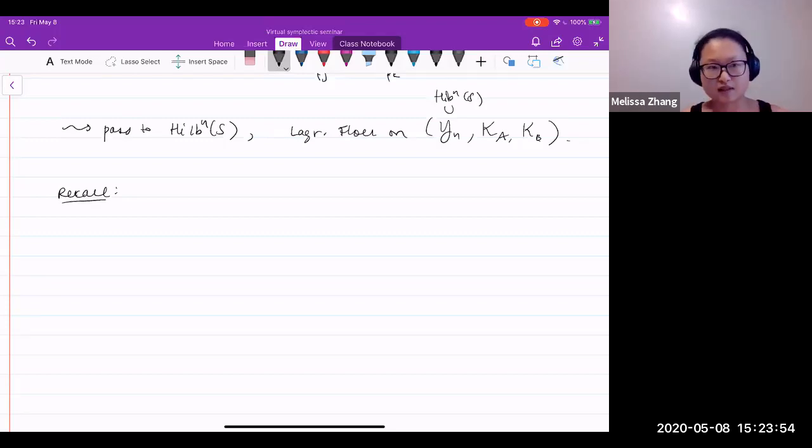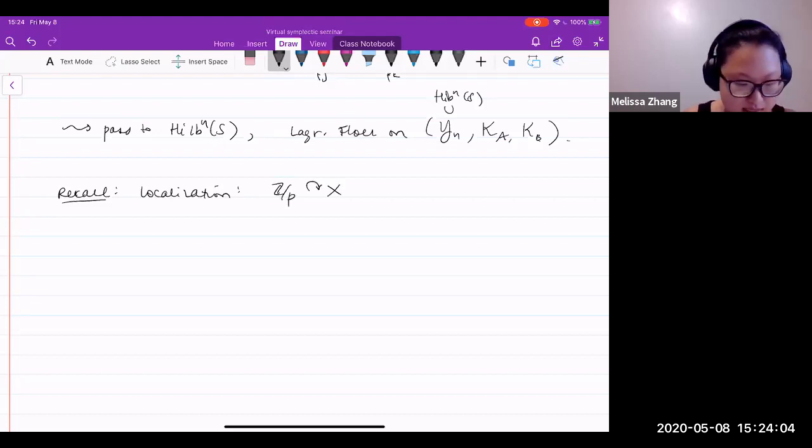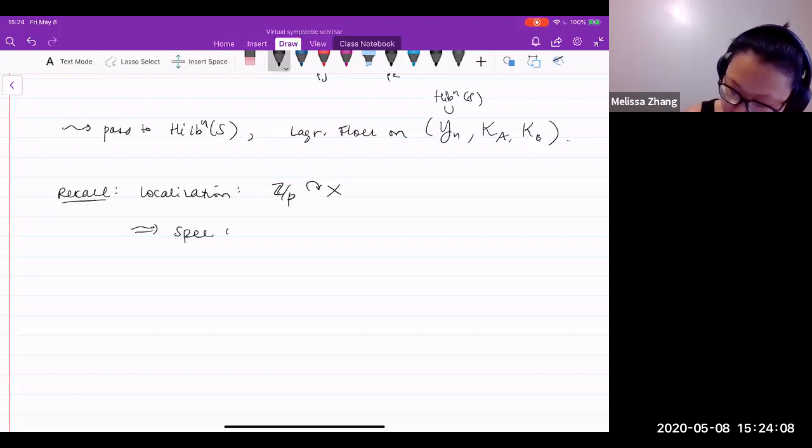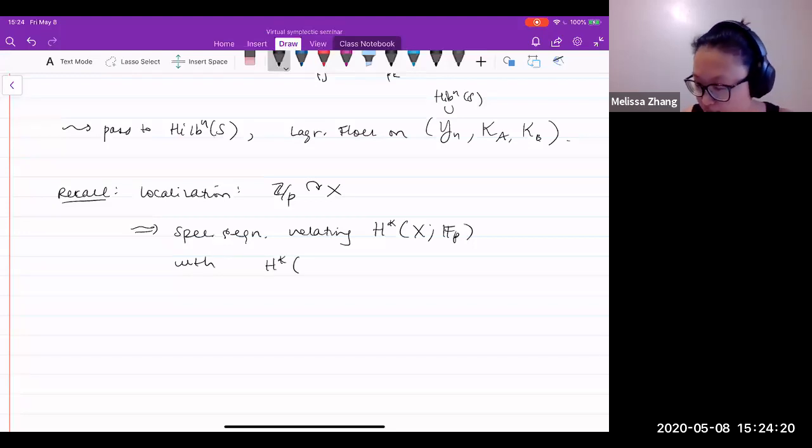So let's recall a typical classical localization theorem would look something like this. So I would have maybe Z mod p acting on a space X, and then from this I get a spectral sequence relating some homology theory of X over F_p with the same homology theory, in this case singular cohomology, for the fixed point set.